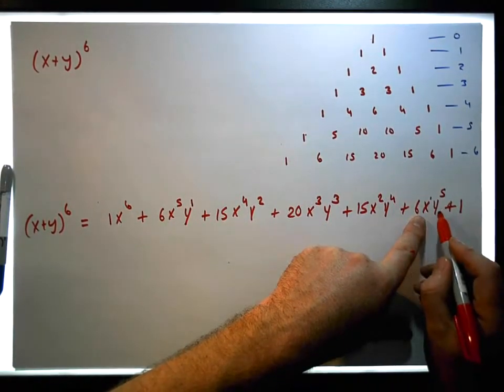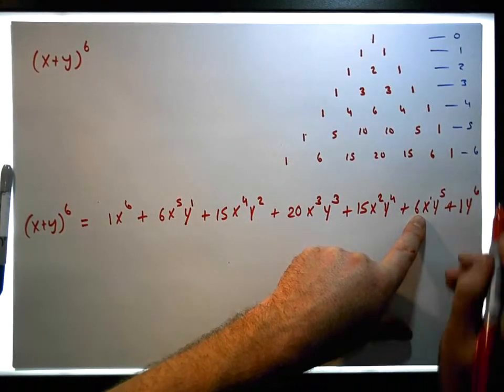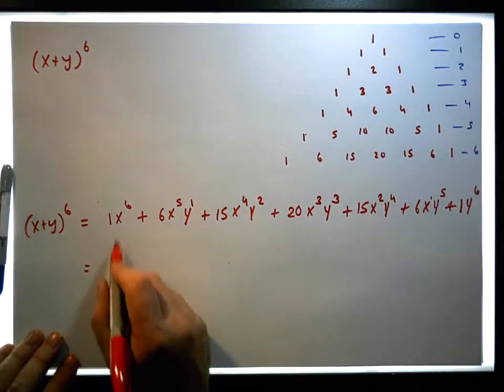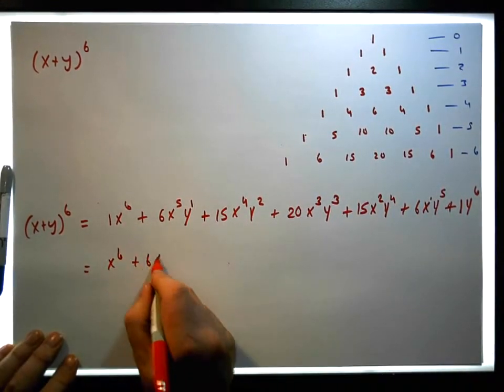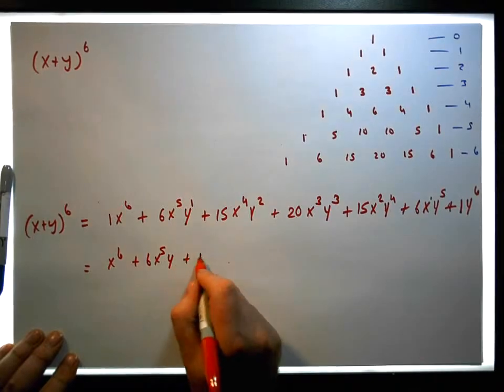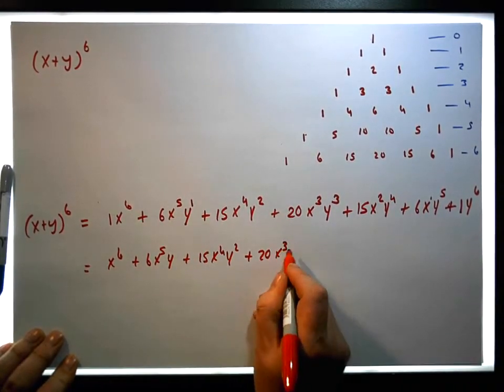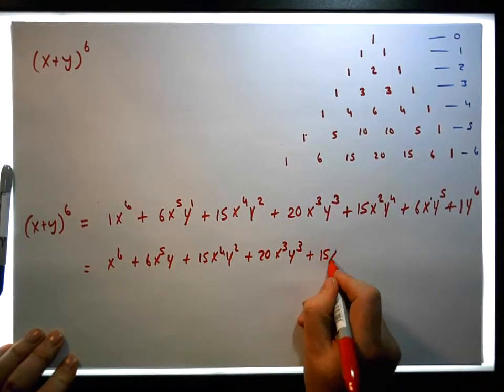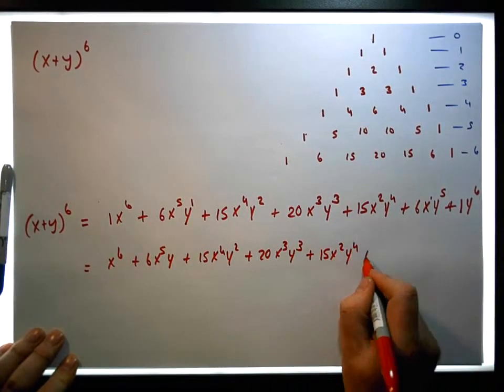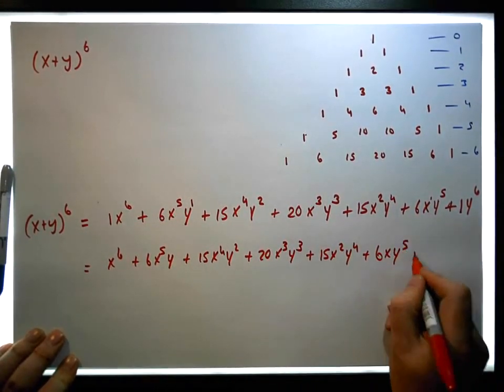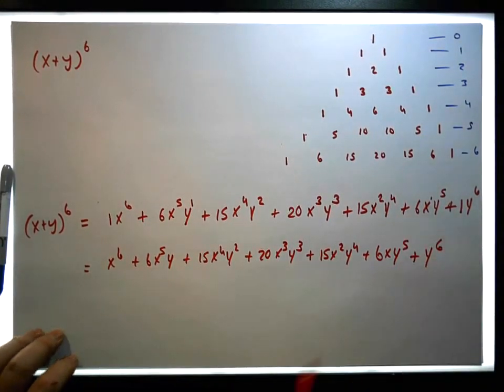And the y is going up to y to the 6. So what we end up with is x to the 6 plus 6x to the 5 times y plus 15x to the 4 times y squared plus 20x cubed times y cubed plus 15x squared times y to the 4 plus 6x times y to the 5 plus y to the 6.